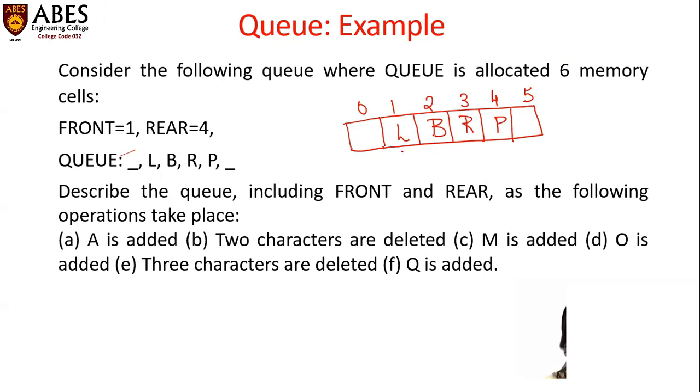And front is pointing here as per the given example, and rear is pointing here. We have to perform all these operations. After performing all these operations, we have to tell where front and rear are pointing to.